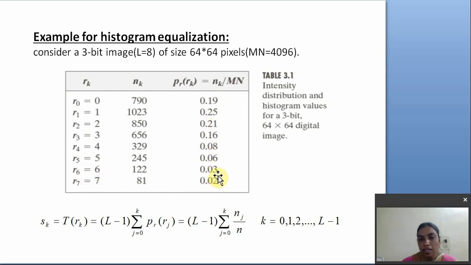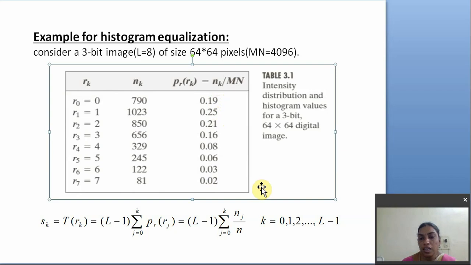Similarly, to get S6, add all these and multiply with 7. And for S7, add all the PR of Rk values from this to this. Obviously that is 1, multiplied by L minus 1, that is 7. So S7 is 7 only.